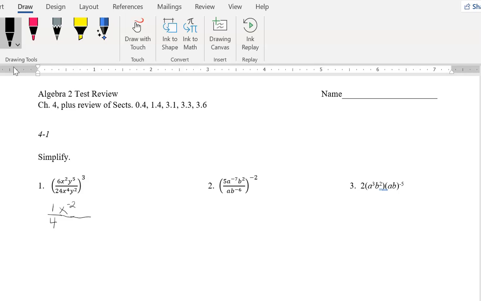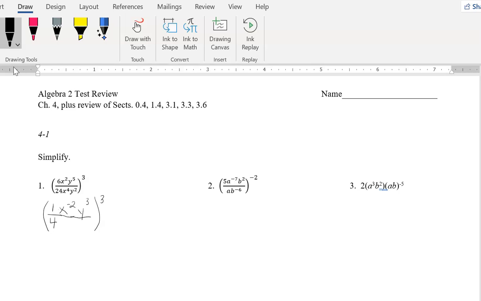Once you combine the two variables into one, it will stay up on the top of the fraction. And then do the same thing for the y's. y to the 5 minus 2 power is y to the third. And all of this still needs to be raised to the third power.